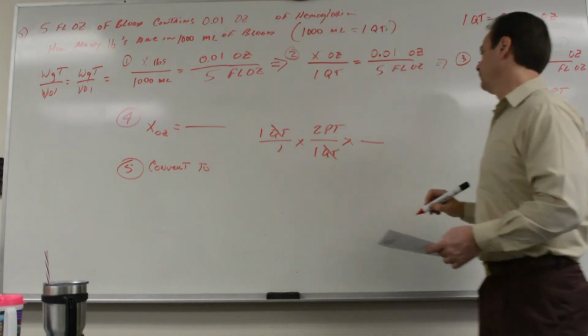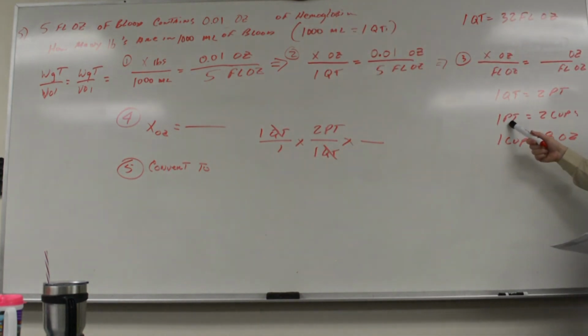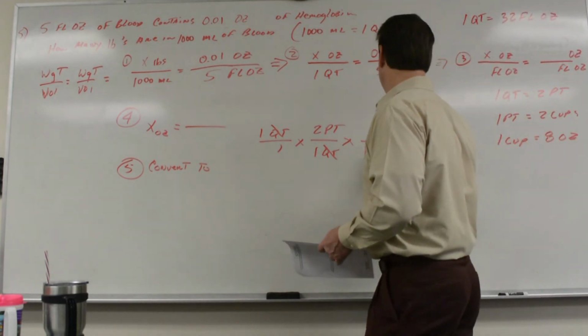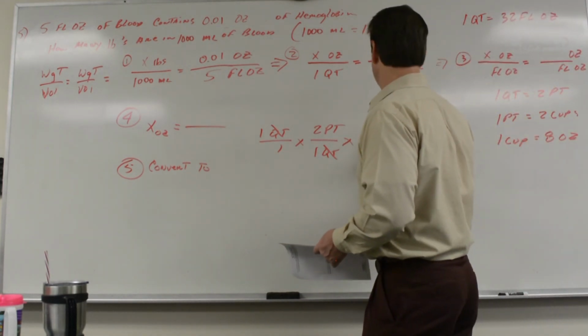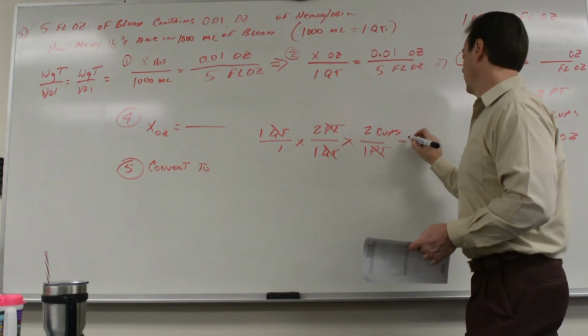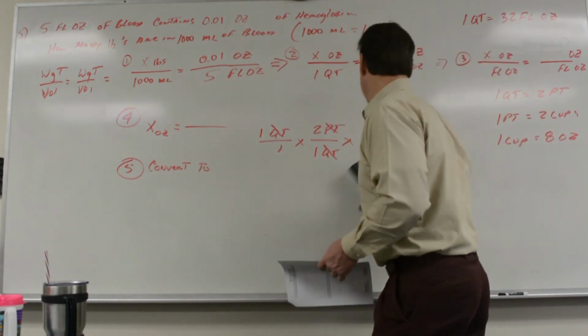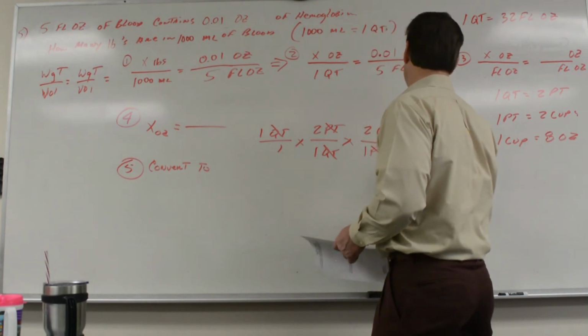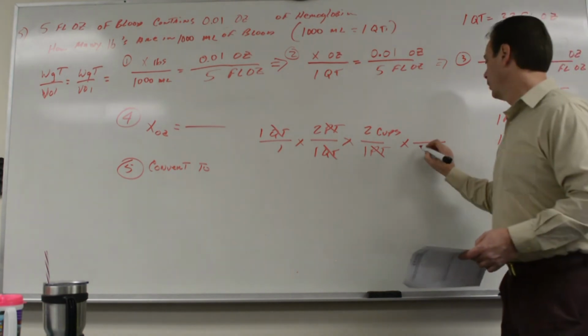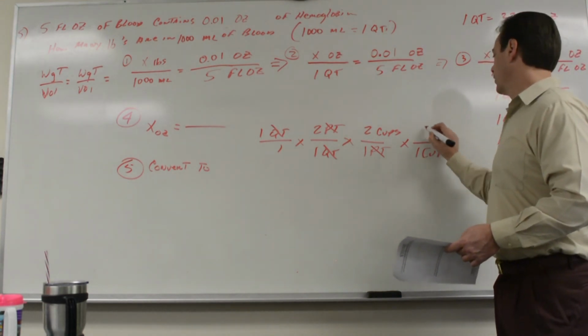Quarts cancel. Now we've got to convert pints to cups. So 1 pint is equal to 2 cups. Pints cancel. All right, now we've got to convert cups to ounces. So 1 cup equals 8 ounces.